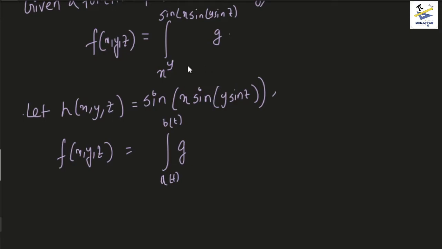Now, since both of the limits here are basically functions, we need to understand that a function from a of t to b of t, g, can be composed, and there should be multiple layers to it. So this kind of definition may not work. What could rather work is something like this.